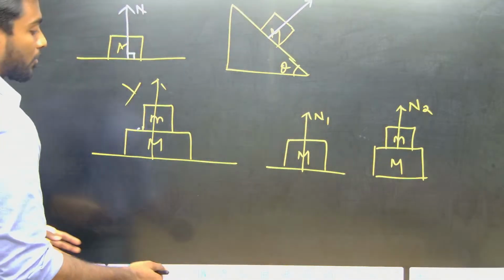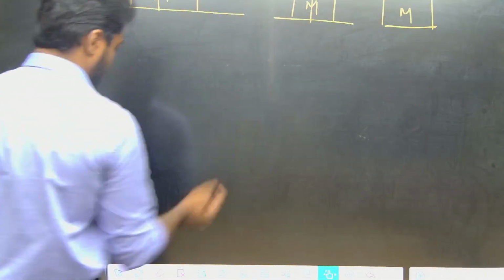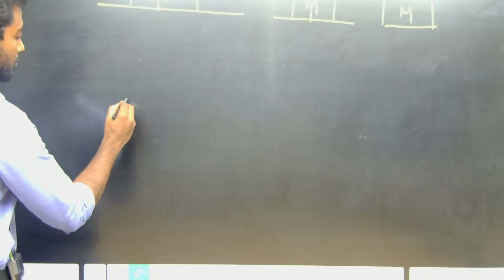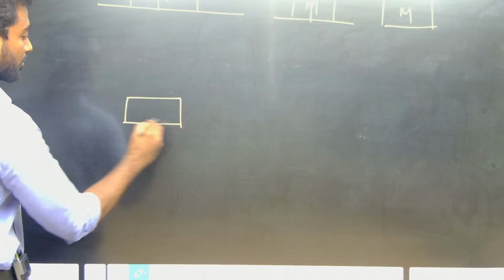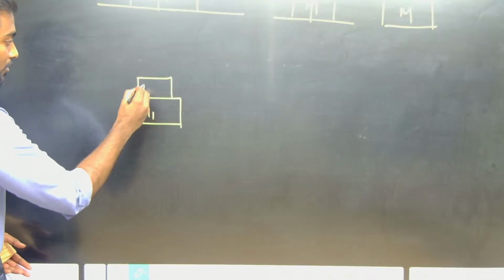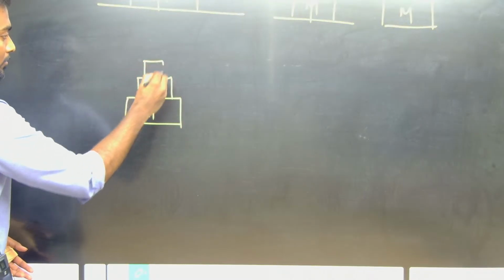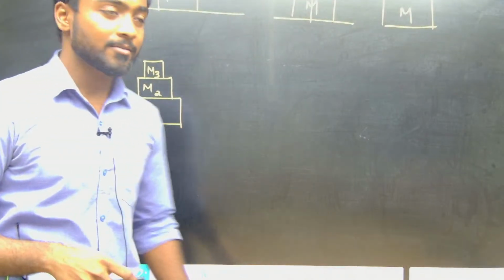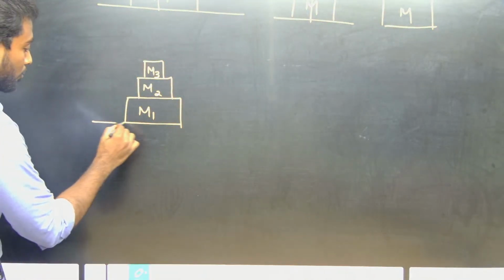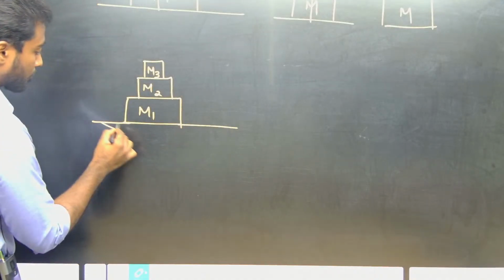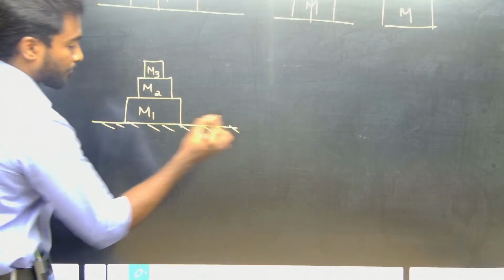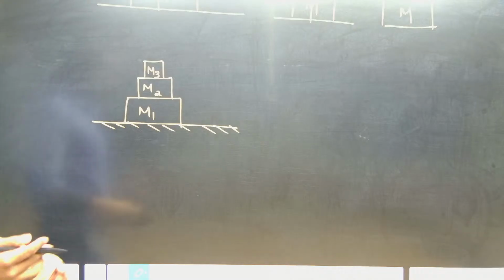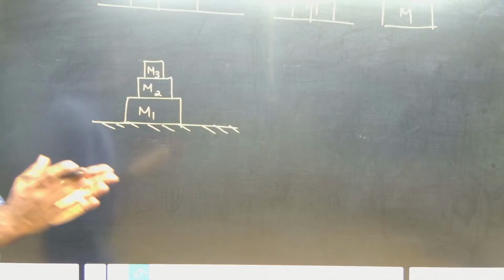Similarly, if I talk about three objects, this one is M1, this is my M2, and this is M3. Like a birthday cake, whatever it is. This is my ground. Now I should draw the free body diagram only for the normal.